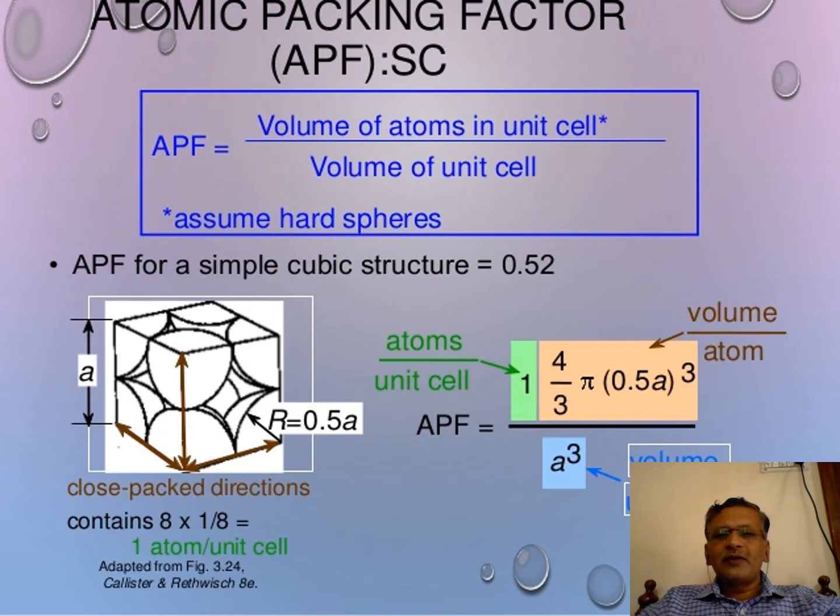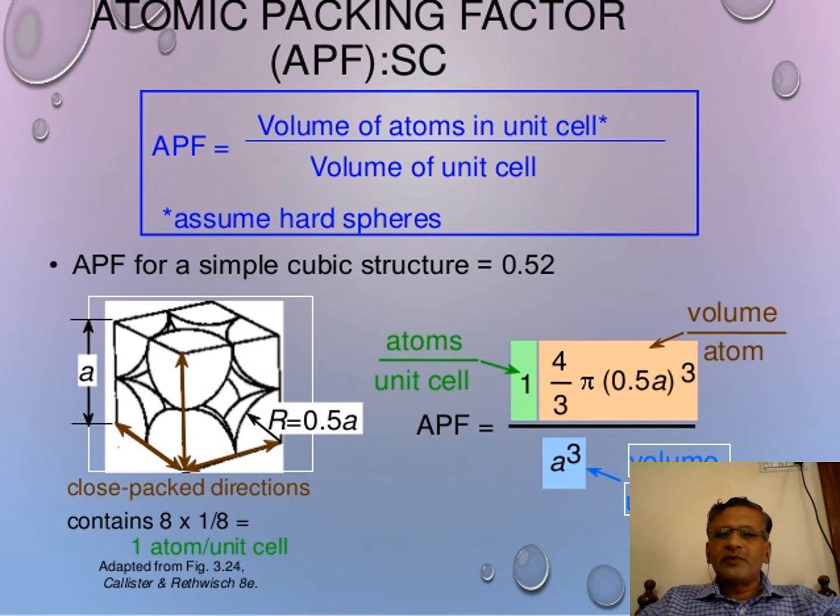Now we should calculate the atomic packing fraction for simple cubic. Now we will define what is atomic packing fraction. Atomic packing fraction is the ratio of the volume of atoms in the unit cell to the volume of the unit cell. We are considering the atoms almost spherical.